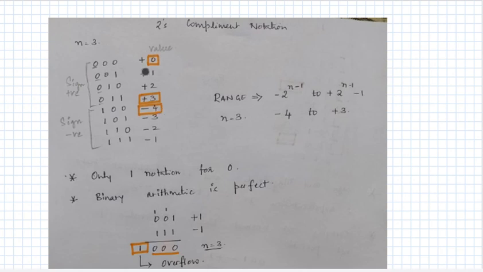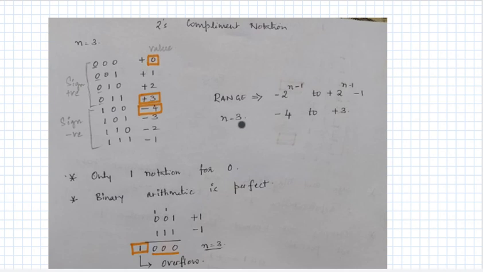Understood? So I have one extra representation for a negative value. That means the range of numbers changes here. I can represent the values from plus 3 to minus 4 when n is equal to 3.